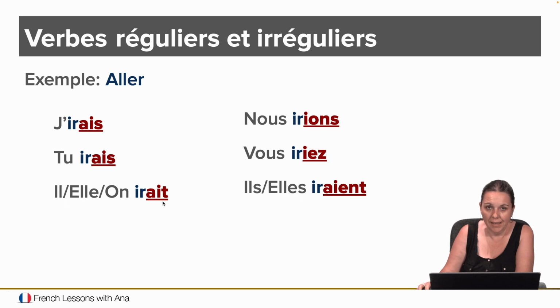Il irait, he would go. Elle irait, she would go. On irait, we would go. Nous irions, be careful, irons, it's will, right? It's the future. So, nous irions, we would go. Vous iriez, you would go. Ils iraient, they would go, masculine. Elles iraient, they would go, feminine.